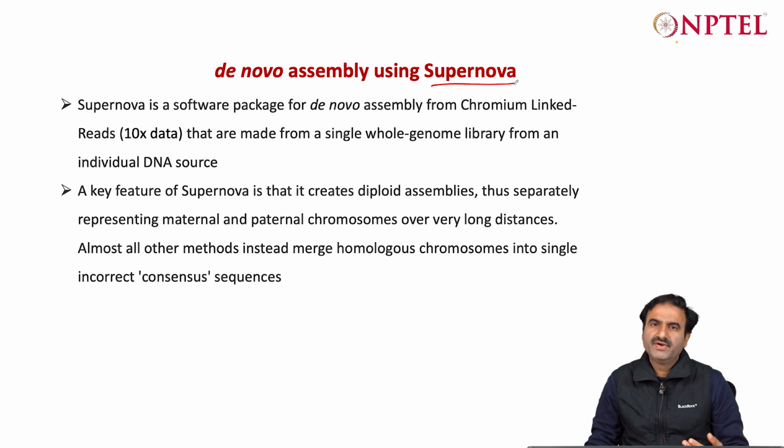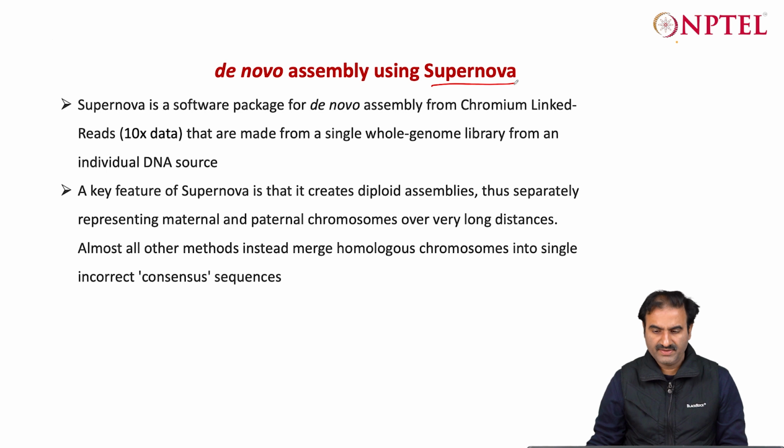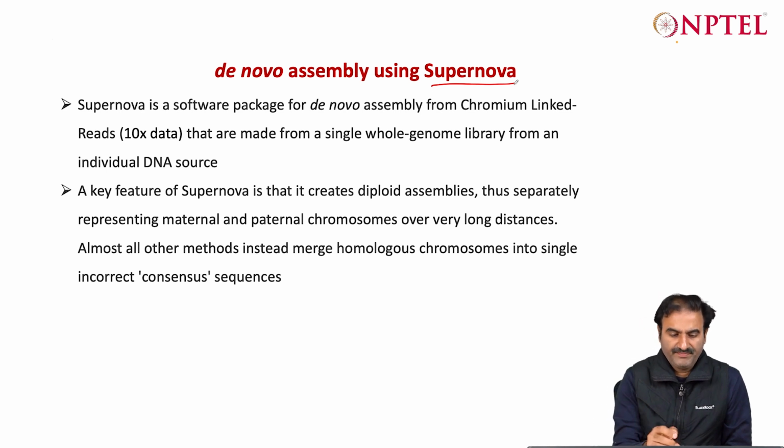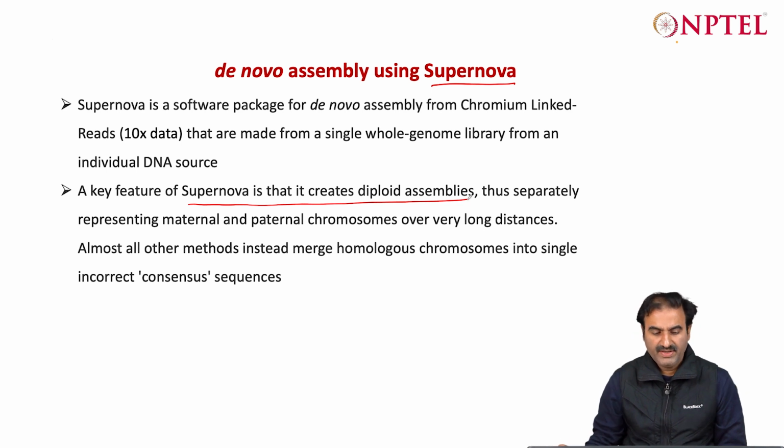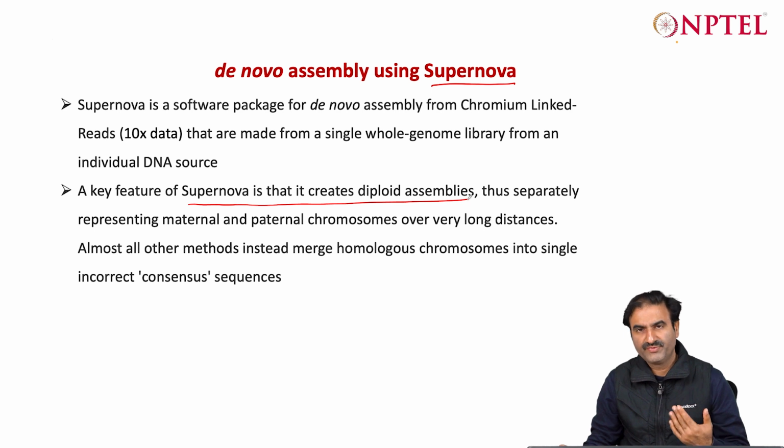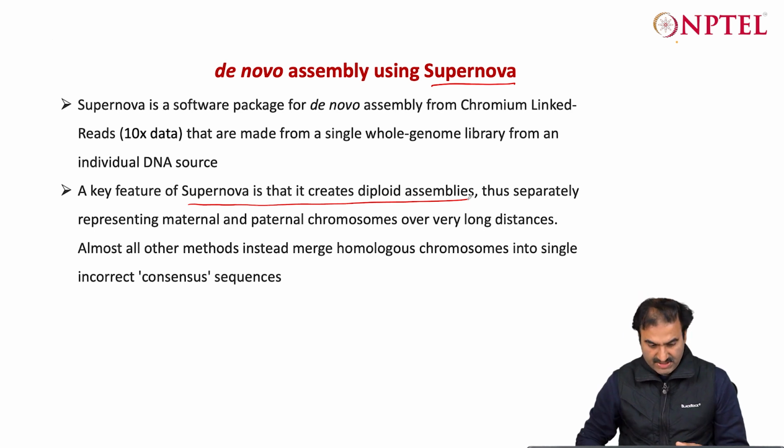Otherwise you would use Illumina data with a little deeper coverage, more X, but here, using linked reads, lower coverage should also be okay. The good thing about Supernova is that it can also create diploid assemblies, separating the maternal and paternal chromosomes.